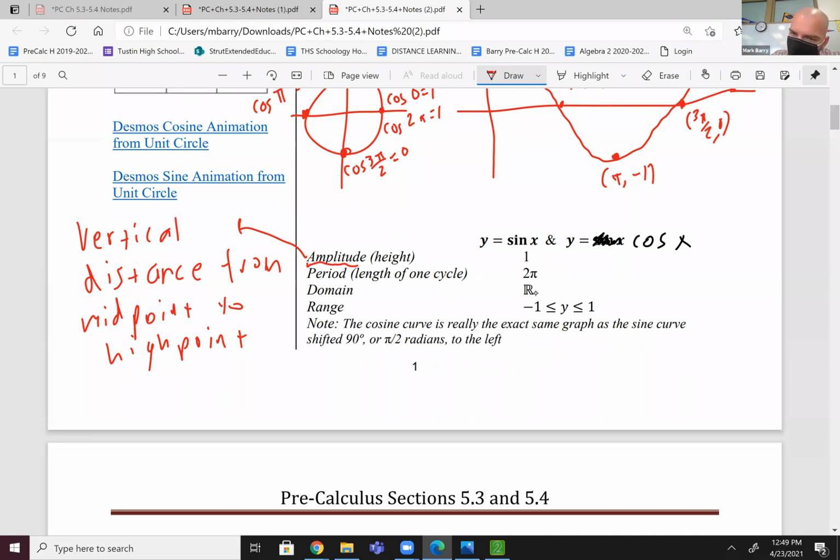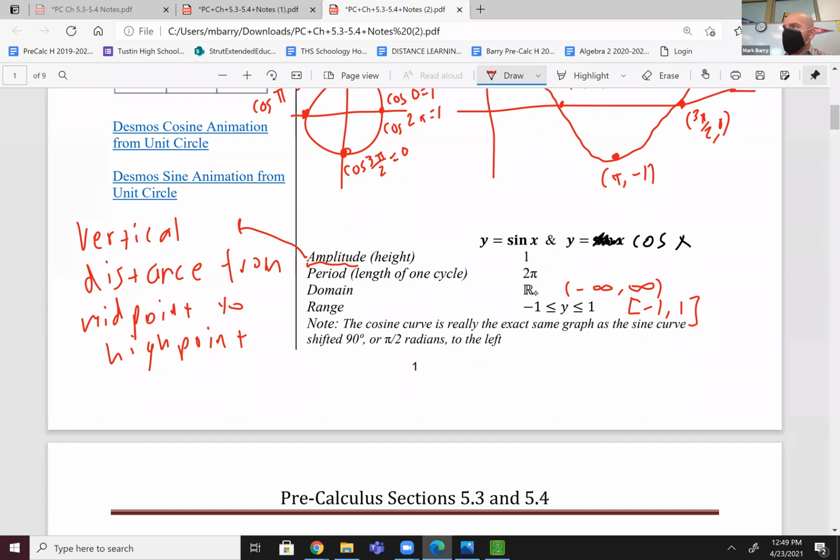If we want to do interval notation for that, which I know we haven't done for a while, let's get a little refresher there. That would be negative infinity to infinity for the domain. Remember interval notation? Yeah, all right. The range on these ones is going to be -1 to 1. So let's write that in interval notation as well, which would be bracket -1, comma 1 bracket.